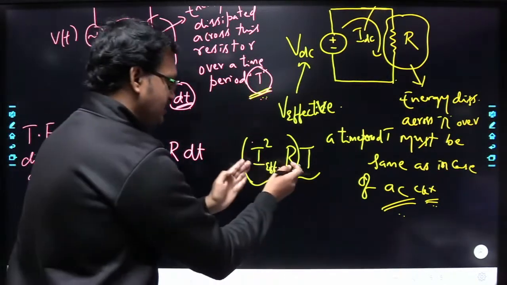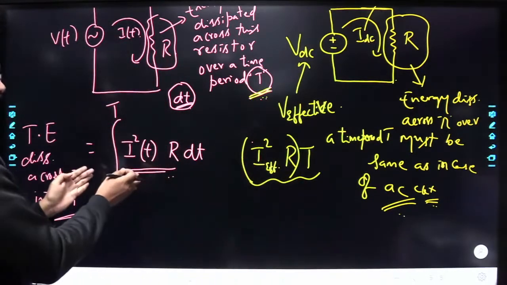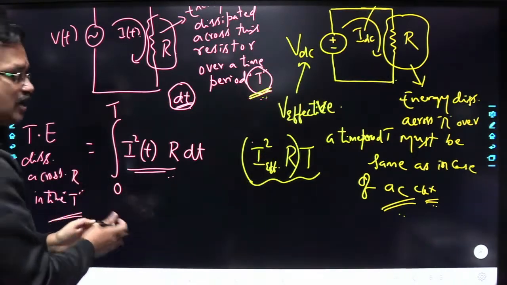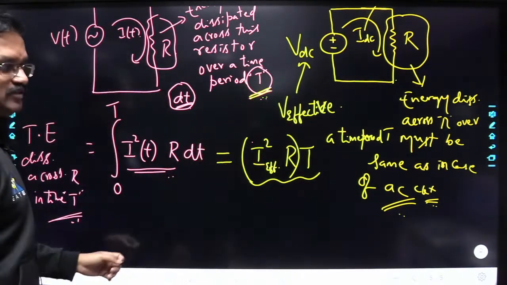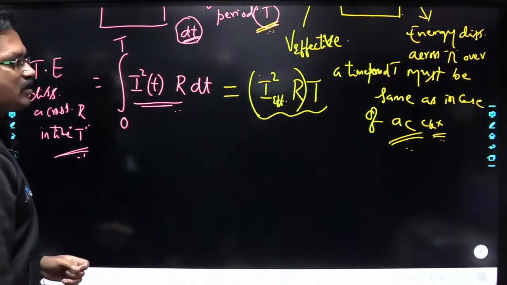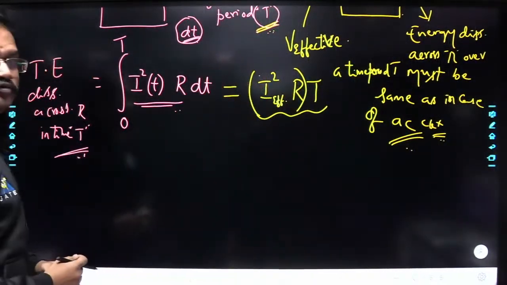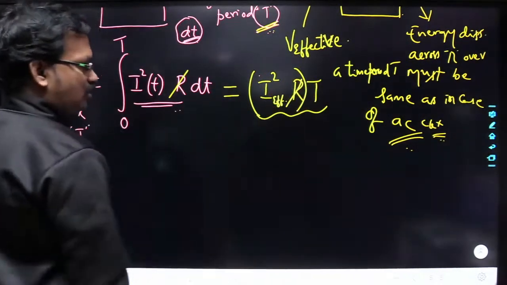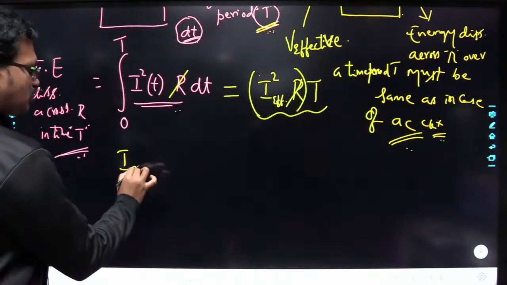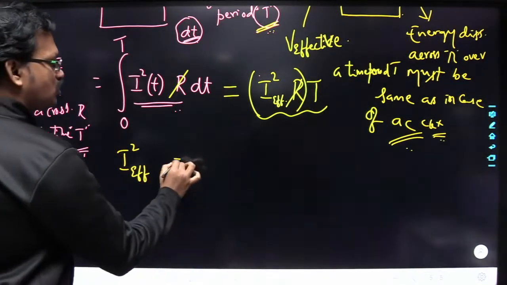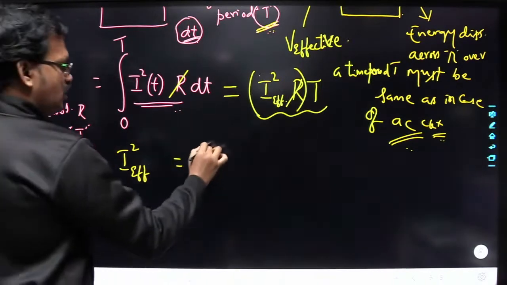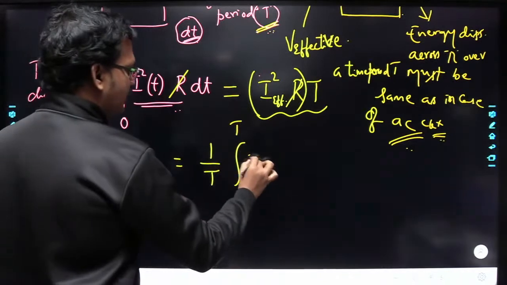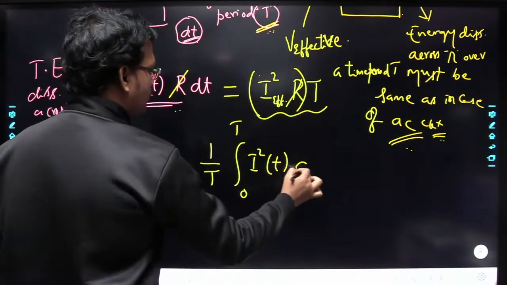So whatever the energy that is dissipated here, it must be the same as the energy dissipated across R in this circuit, right? So these two must be the same. From here we try to determine this I effective value. Now here this R is constant on both sides, so you can cancel this R. Therefore I effective square is equal to, sending the t to this side, 1 by t integral 0 to t of I square of t into dt.